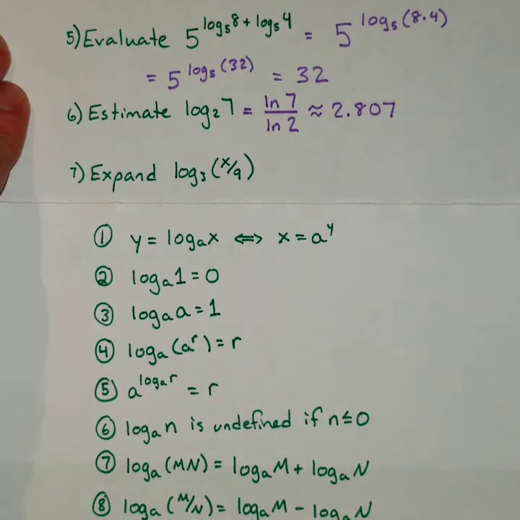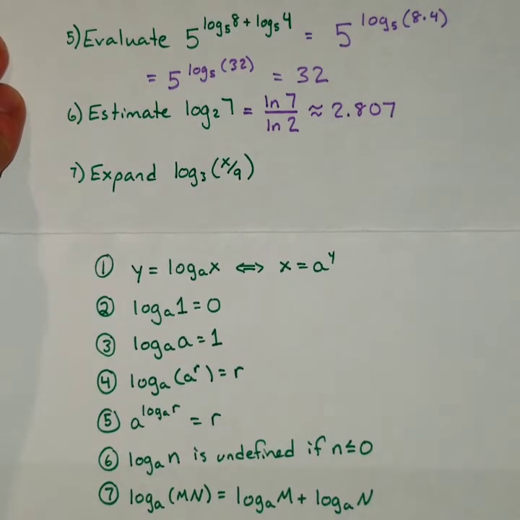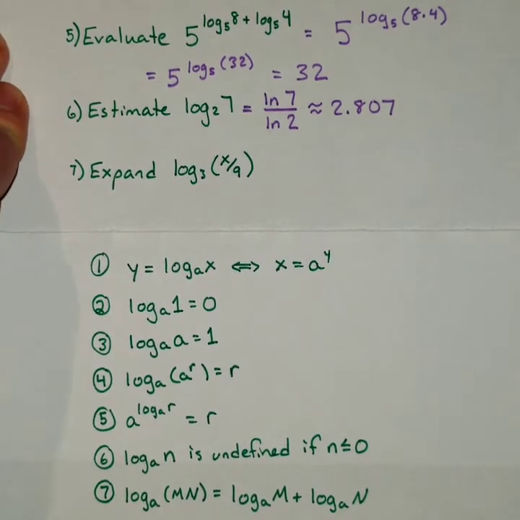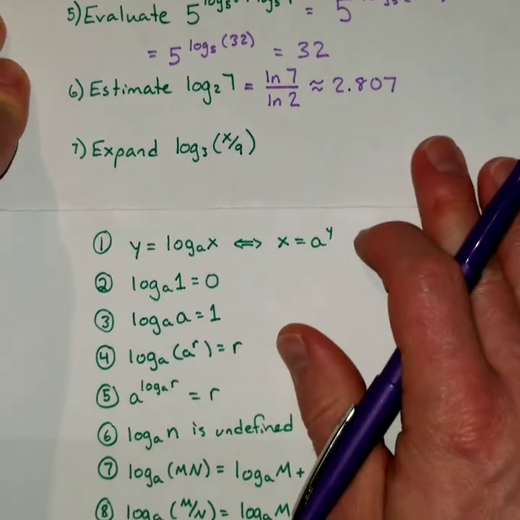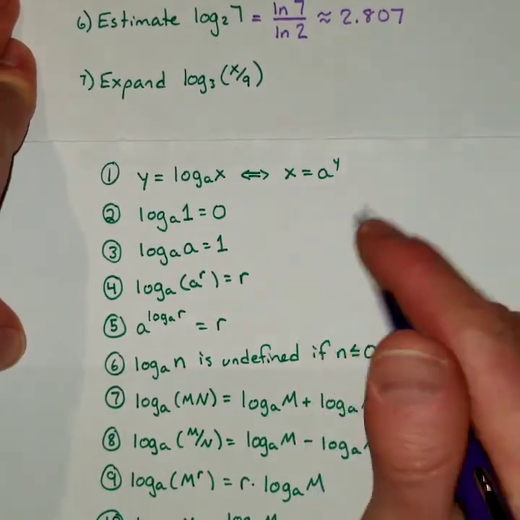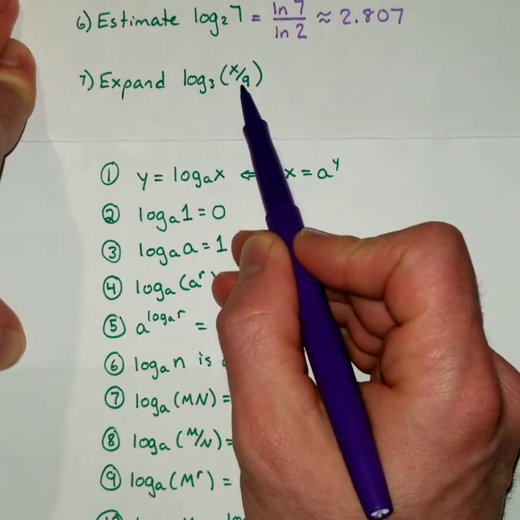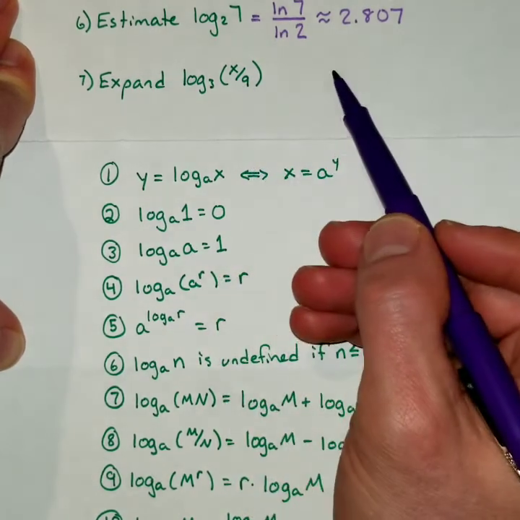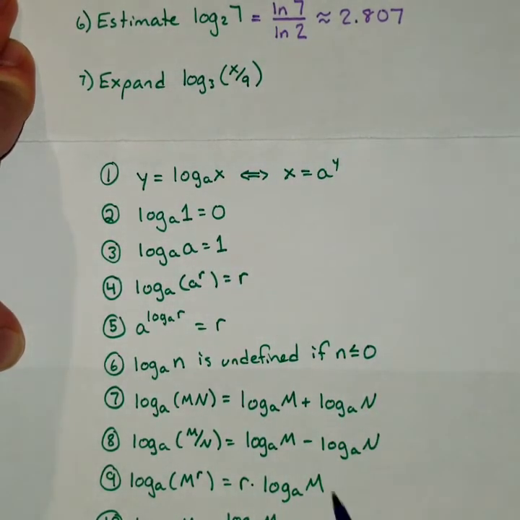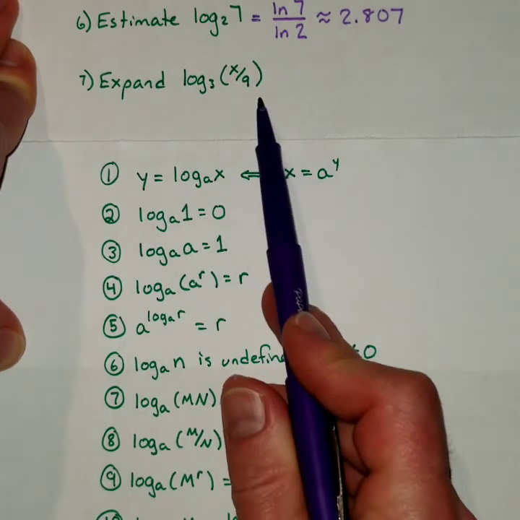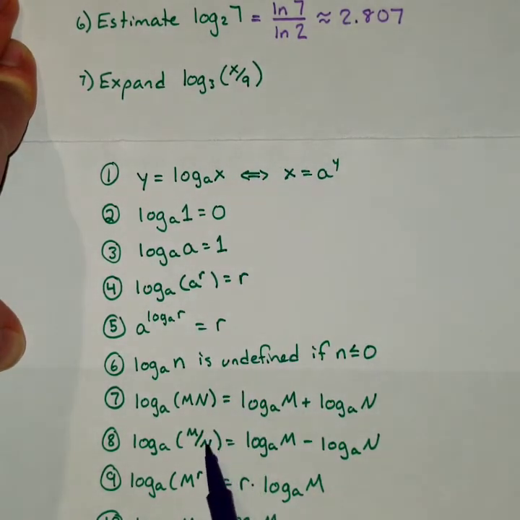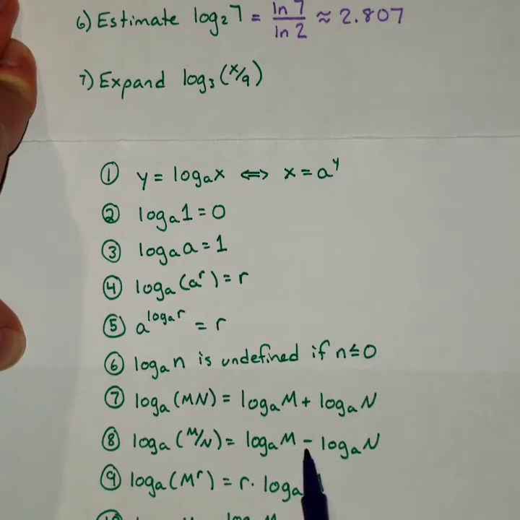Okay, just a couple more problems here. This one I'm going to do an expansion. I'm going to take a logarithm that has a bit of a complicated argument and expand it so that it's simpler. Notice that we can take a ratio in an argument and write it as a difference of 2 logs.